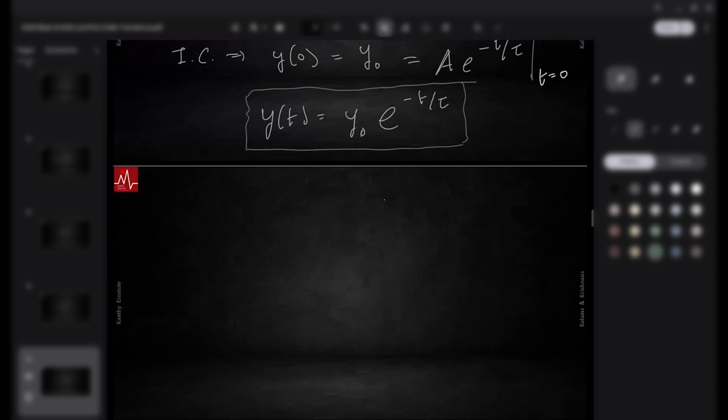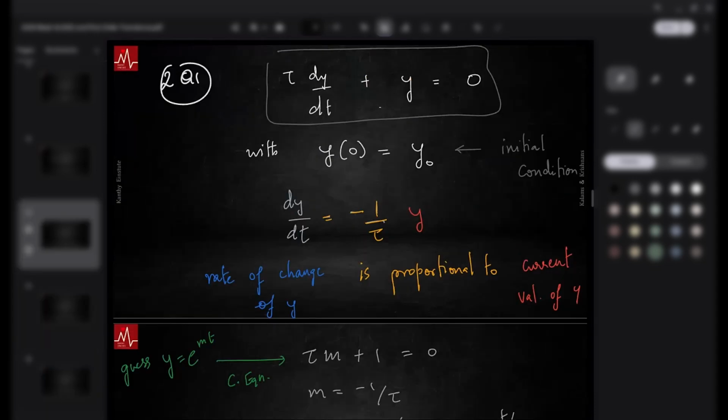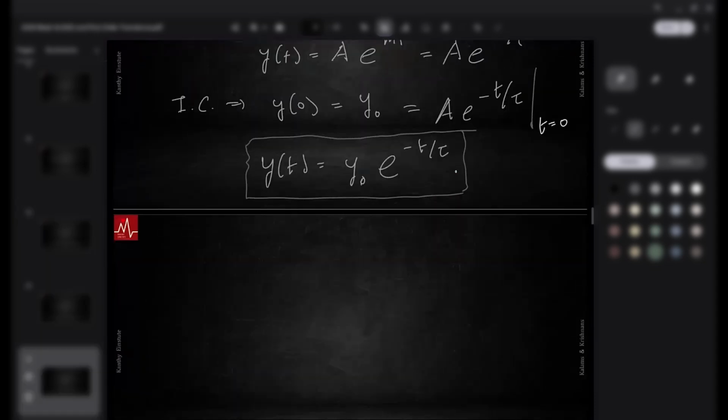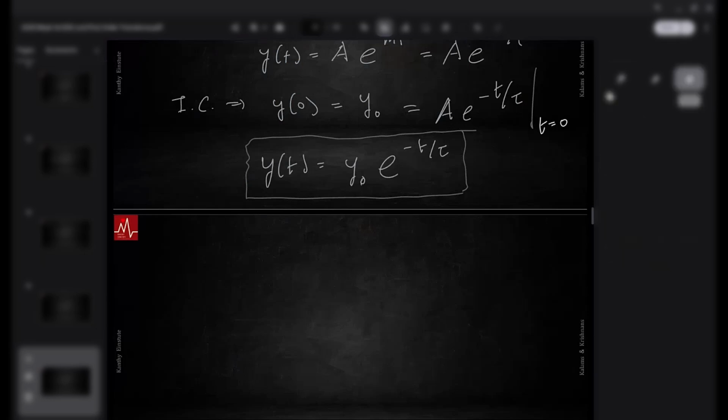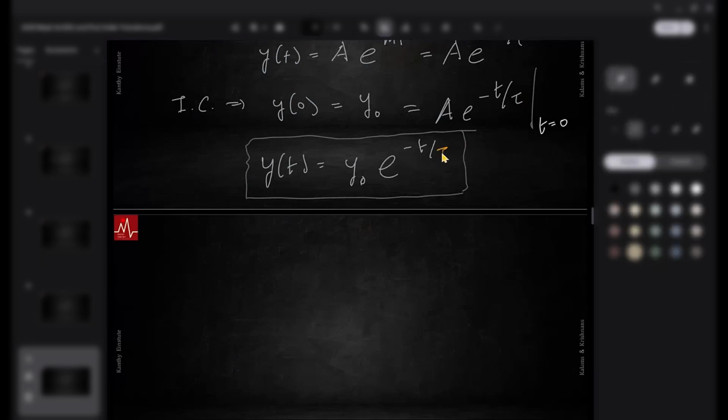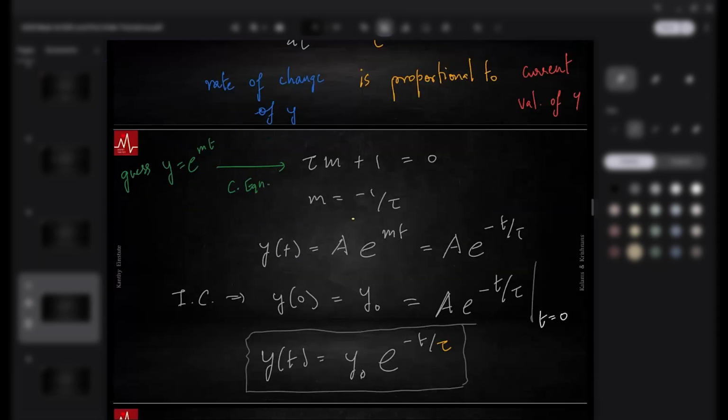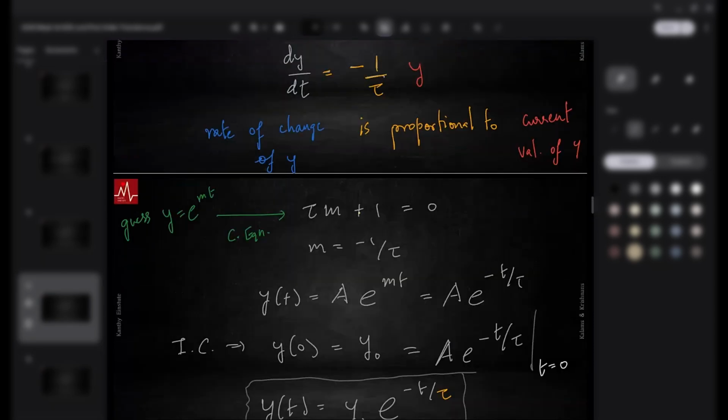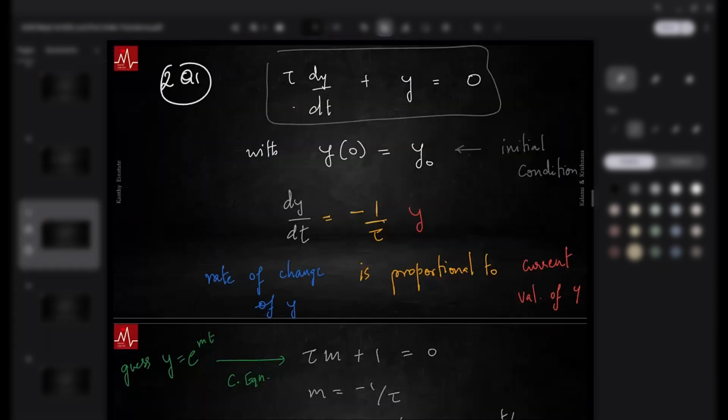So how does this look? Notice this is a first order system, and its time constant is tau. If you plot this, it will look like this.